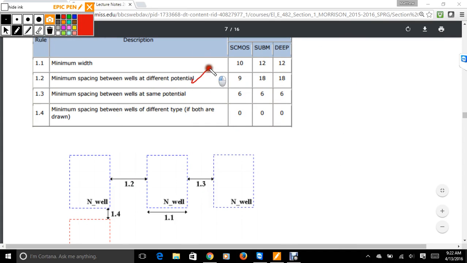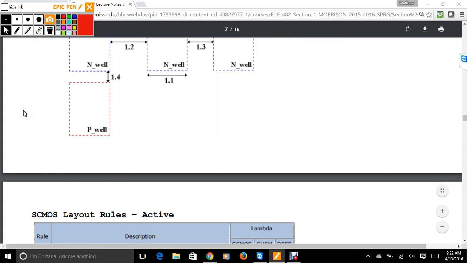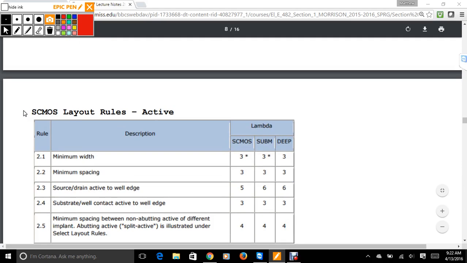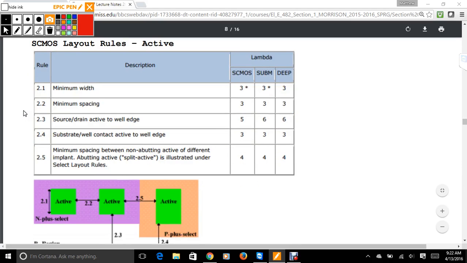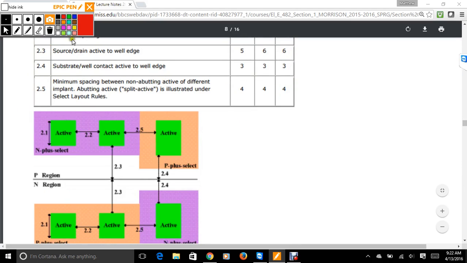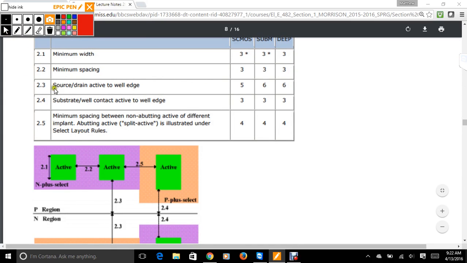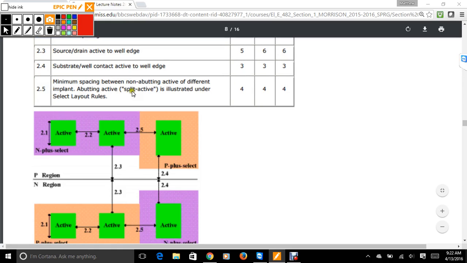So now this is where it's in practice. So your active regions, you have your distance between, here this is rule 2.3, source drain, active to well region, right? So source drain, and you have a second source drain, so now it's like an inverter, right?